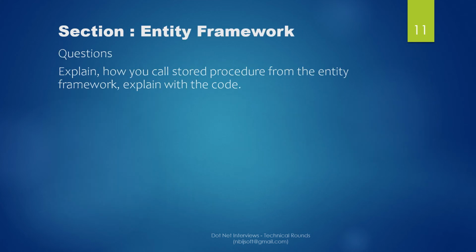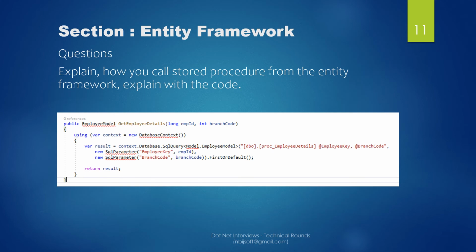Now we come to the next section, Entity Framework. He asked me, have you used Entity Framework? I said yes. So he said, can you explain the process of how you can call a stored procedure from Entity Framework? I said yes, I can use a stored procedure from Entity Framework like this.